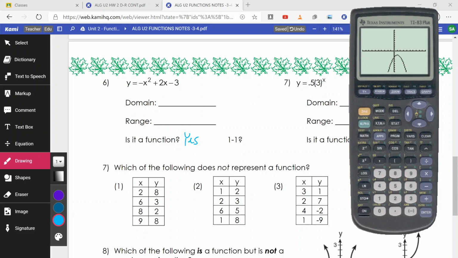Now the range, we got to be careful because if we took a look at our graph, we can see we come up to a certain point and then we go back down. So if I go back to the table, I know I'm going down, I'm going to be at negative infinity because I'm going down forever and ever. But how high am I going? I want to look to see where I start repeating.